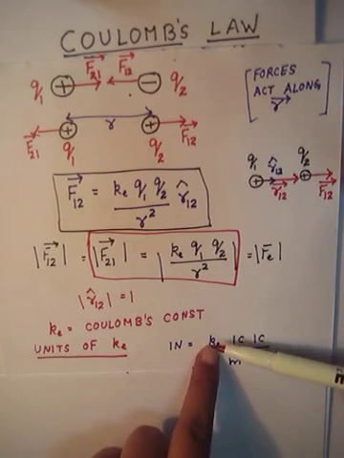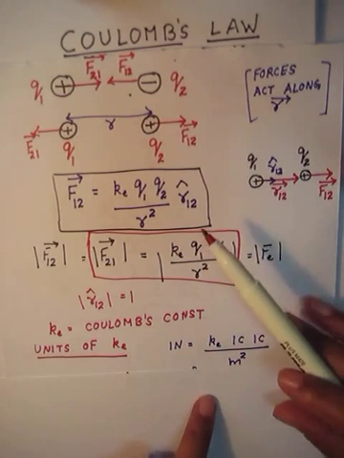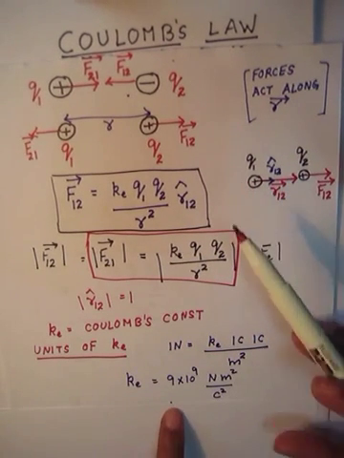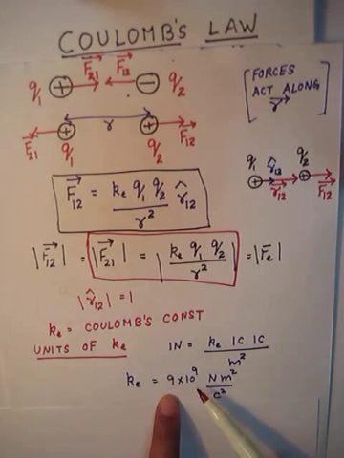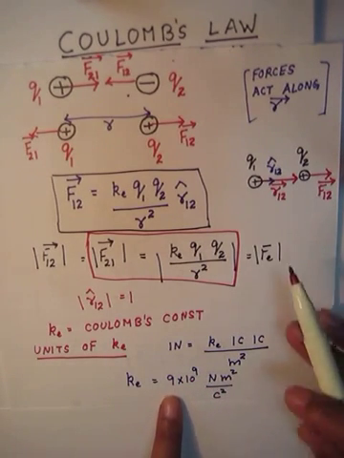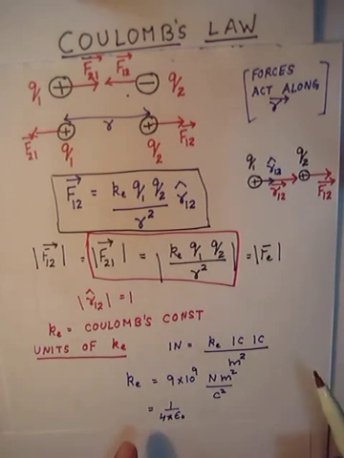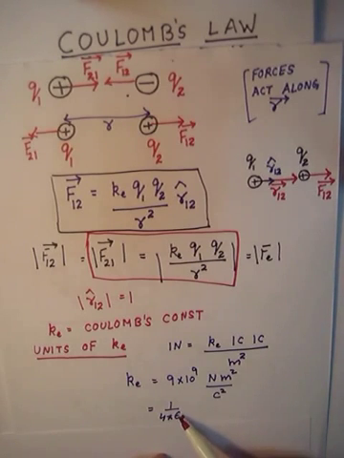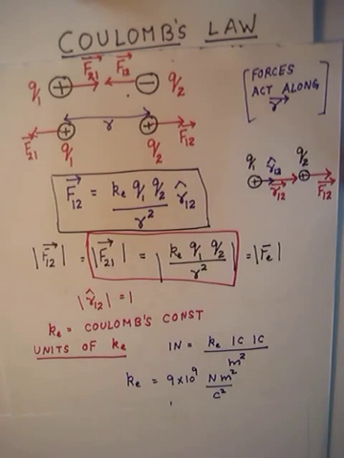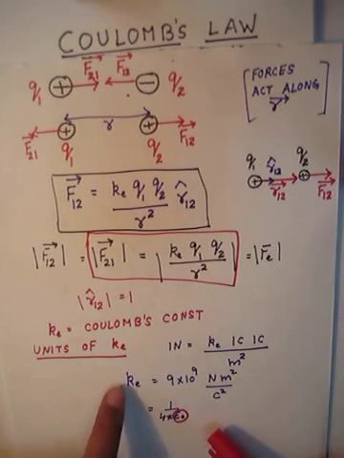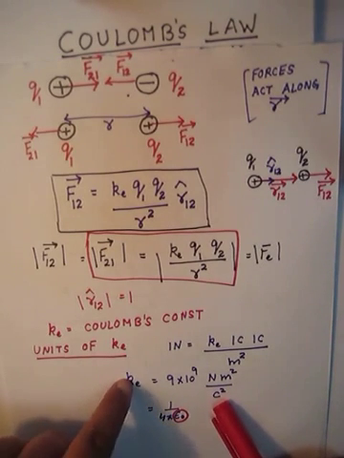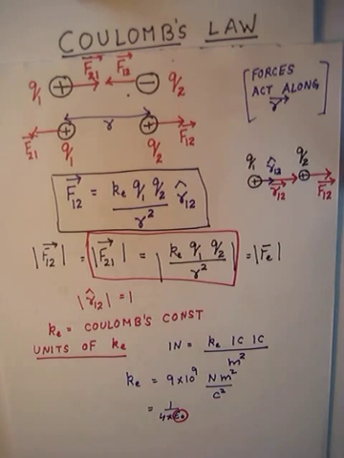So Ke will have a unit of Newton meter squared per coulomb squared, and it has a constant value which is 9 times 10 to the power 9, with units of N m squared upon coulomb squared. And it is also given by 1 upon 4 pi epsilon naught, where epsilon naught is a constant called the permittivity of free space, and it has a value around 8 times 10 to the power minus 12, and the units will be coulomb squared divided by Newton meter squared. Okay, that's all for now.